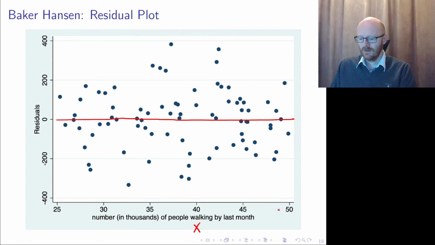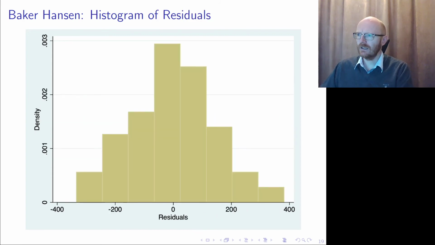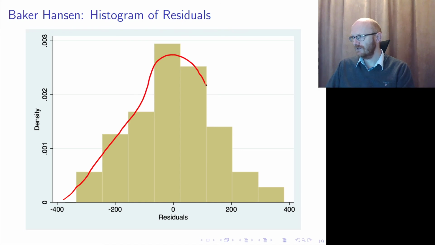Okay, and what you also would do is to make a histogram of the residuals, and here you can see that it's quite close to a normal distribution with this peak in the middle, and they are centered around 0, and this would be the distribution from which your error is drawn.